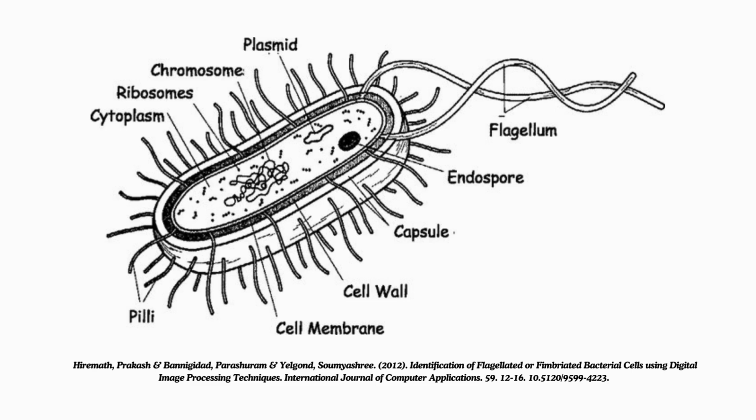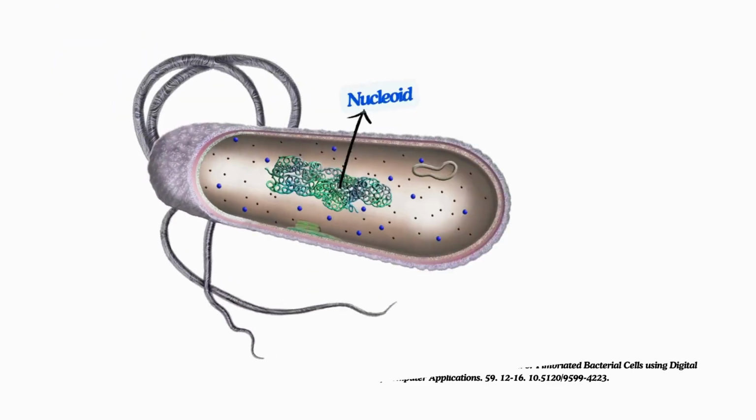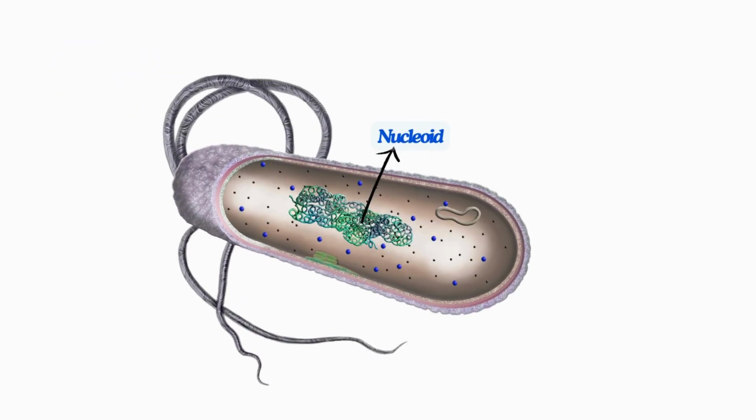Other large discrete structures such as chromatin, nuclear body, ribosomes, mesosomes, granules, and the nucleoid are present in this matrix. Nucleoid. A bacterial cell, unlike the cells of eukaryotic organisms, lacks discrete chromosomes and a nuclear membrane.